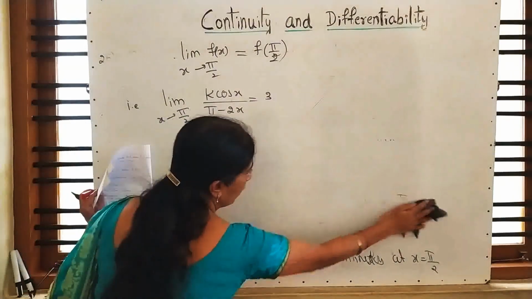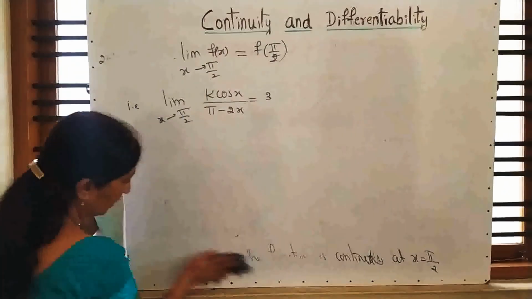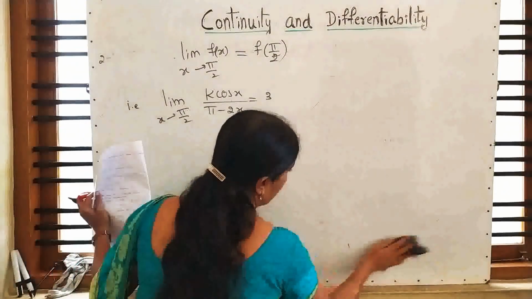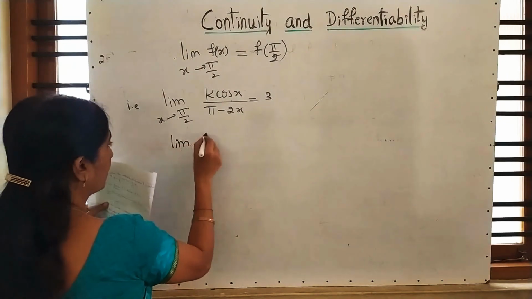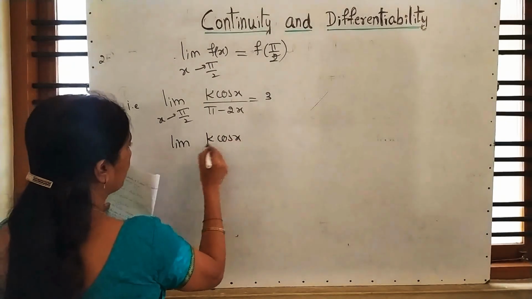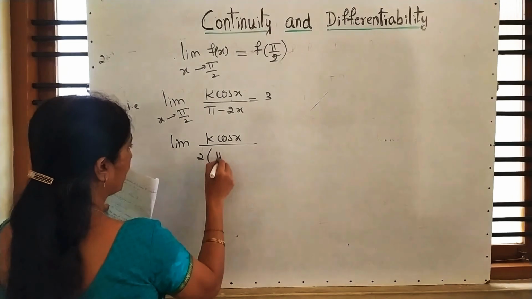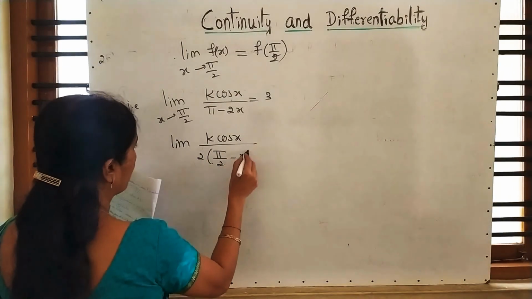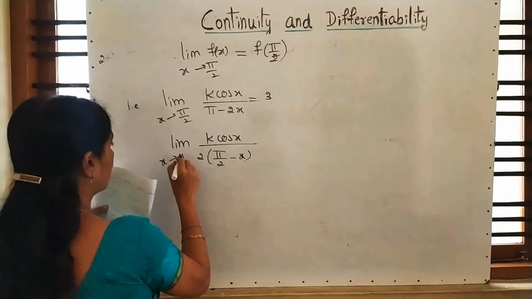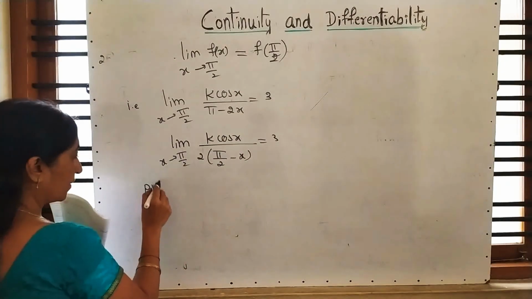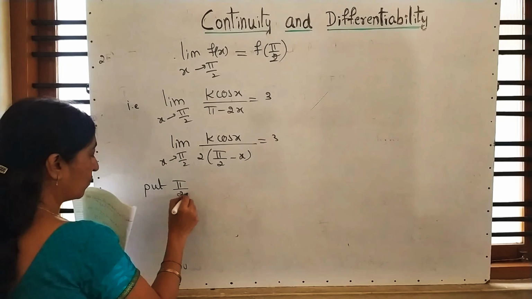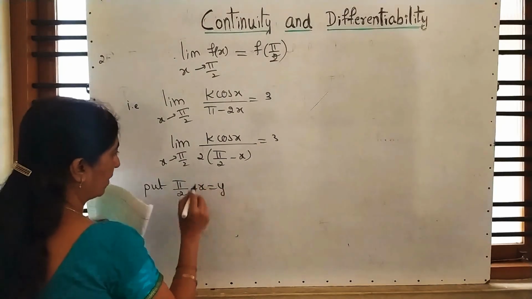Now these type of examples we solved in the first year limit. Here I am writing little small changes in the left side. Limit x tends to pi by 2, and this value is 3. Put pi by 2 minus x as y.